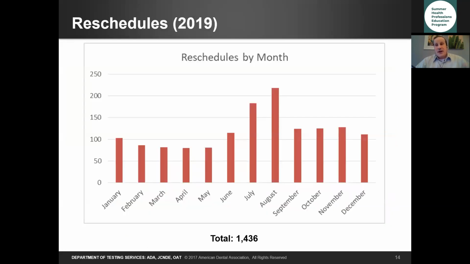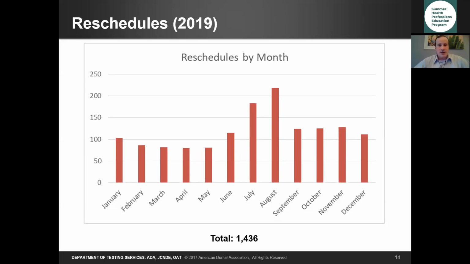Just to give a sense of how frequent this happens, I'm sure a lot of you are thinking when I was talking about having to pay to reschedule that that's not going to happen to you. This is from 2019 because the 2020 numbers are pretty skewed due to the pandemic. But in 2019, almost 1,500 people, or about 1 in 4 people who took the test, had to reschedule their appointment at some point.